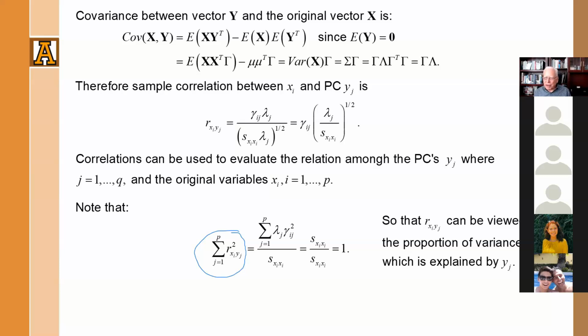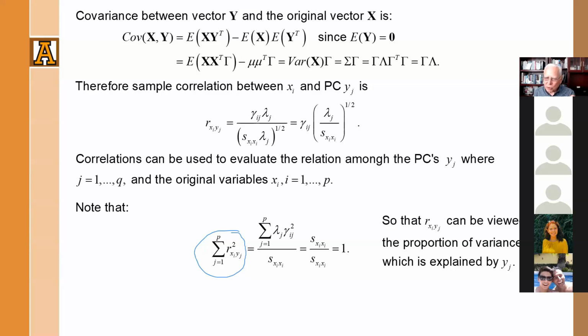That's the proportion of variance of the ith original variable which is explained by the jth principal component. Is this the same as the table that we've seen before, where the cumulative variance was 100%? The cumulative variance is 100%, but what this says is slightly different.